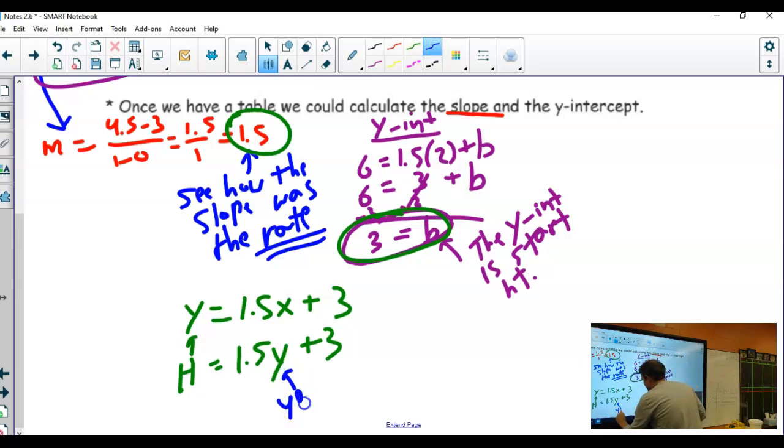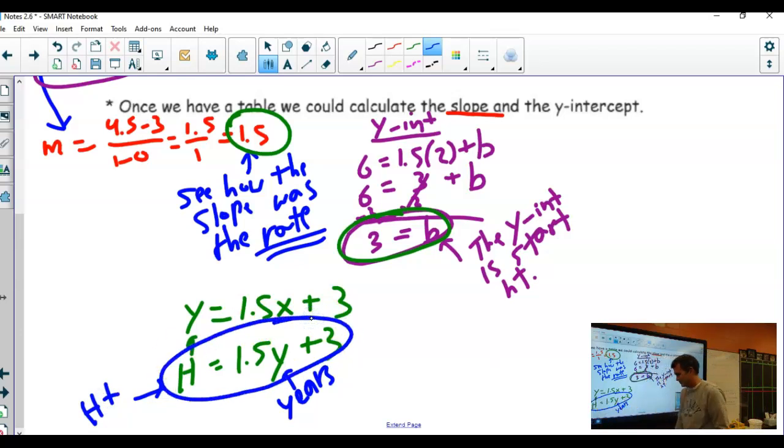So make sure that when you write your equation, you use the variables that they tell you to use and not always use x and y. I have now written an equation that represents the height of the tree.